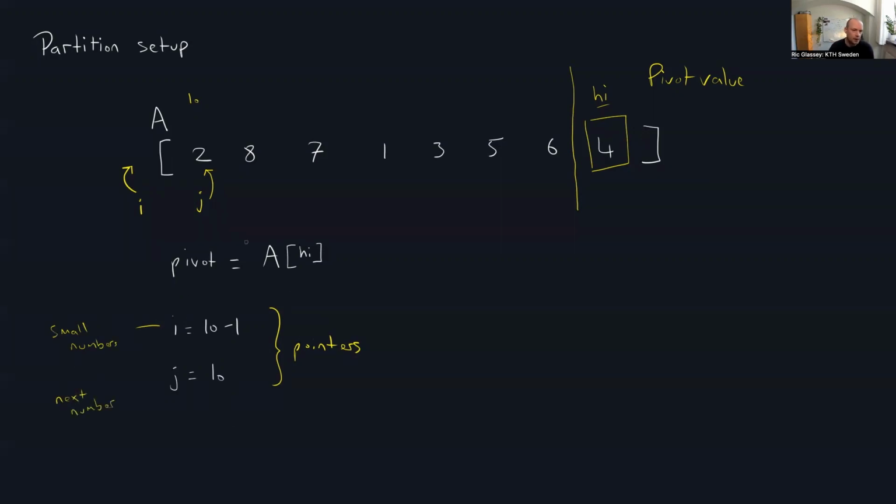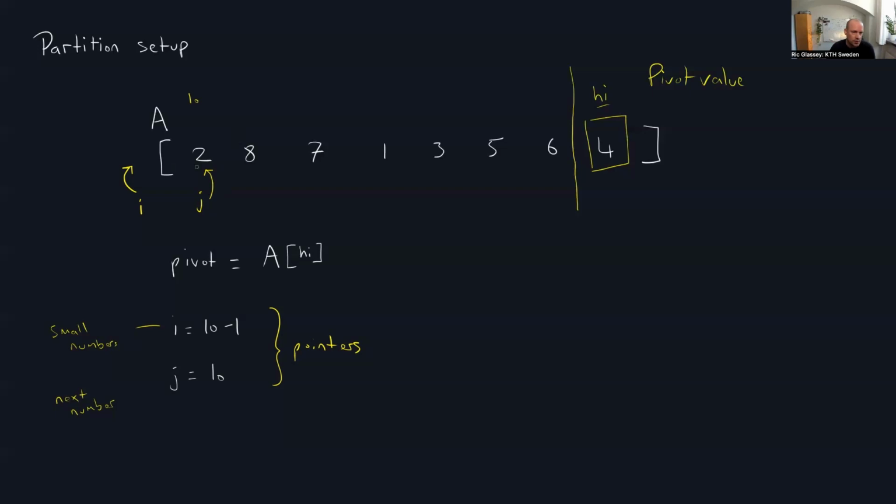So right now we can see how this works. At the very beginning we haven't found any small numbers yet compared to the pivot, which is 4. Now we can glance across this array and see 2, 1, and 3 are all smaller numbers than 4, so I know they exist, but we haven't found them yet. And then j is essentially the next number to look at. The next number at the start of this algorithm is the first number, if that makes sense.